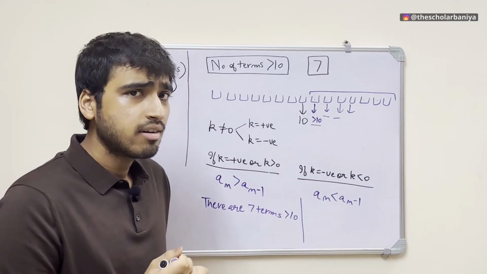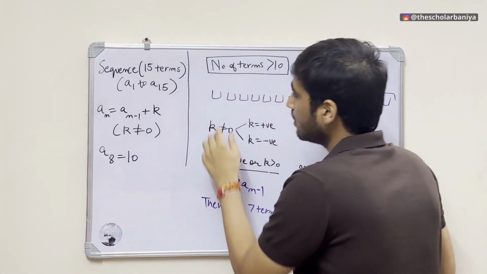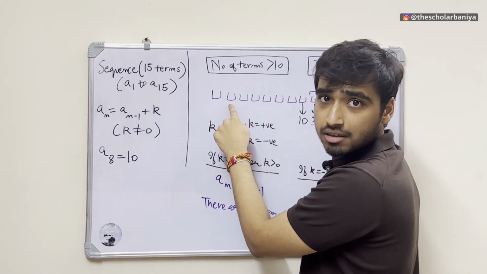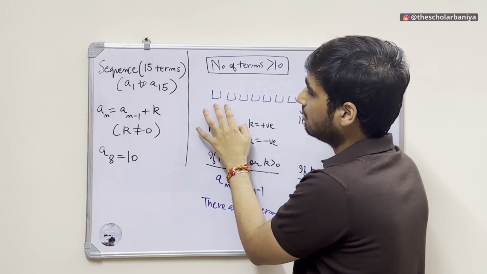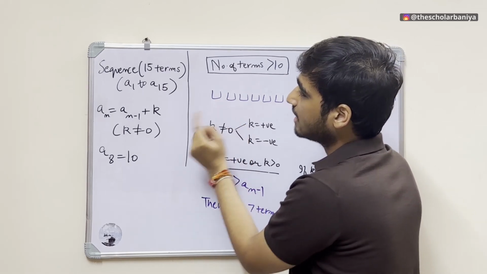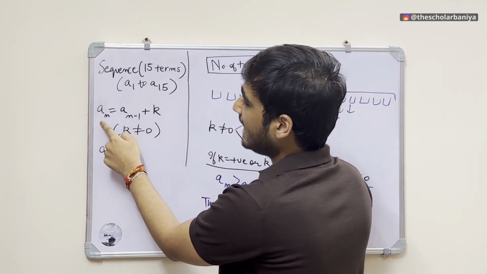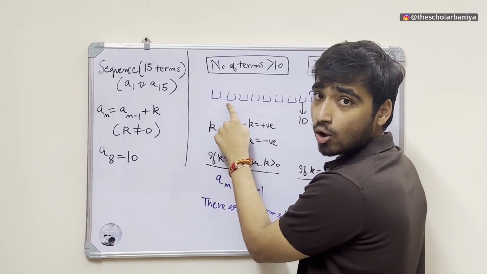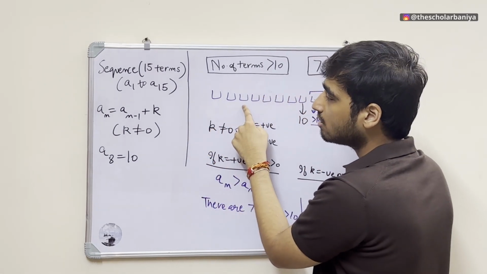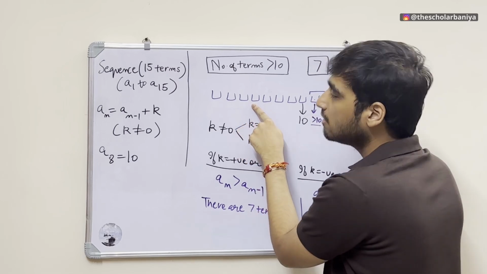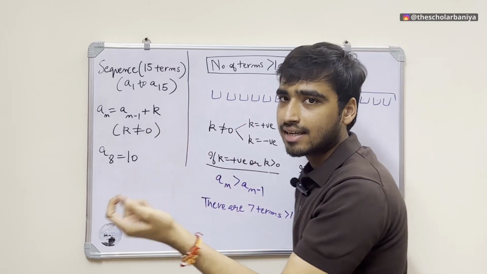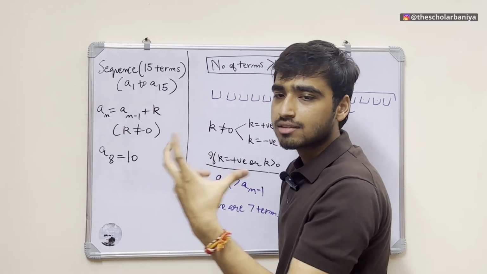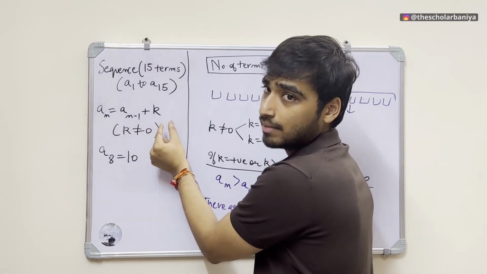Similarly, let's suppose k is negative. Then the next term will be smaller than the previous one, because we are subtracting basically.